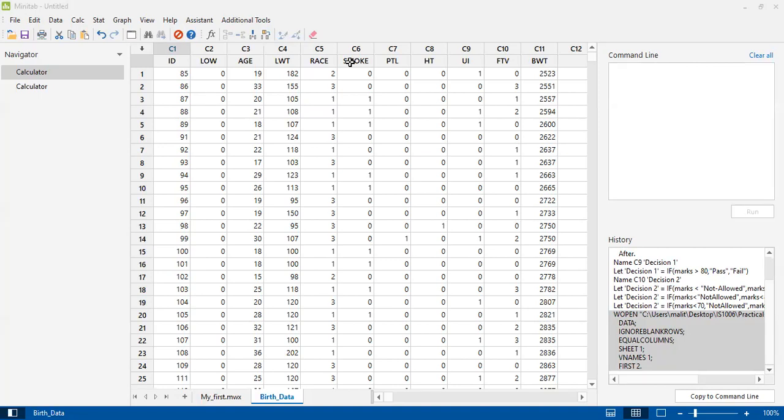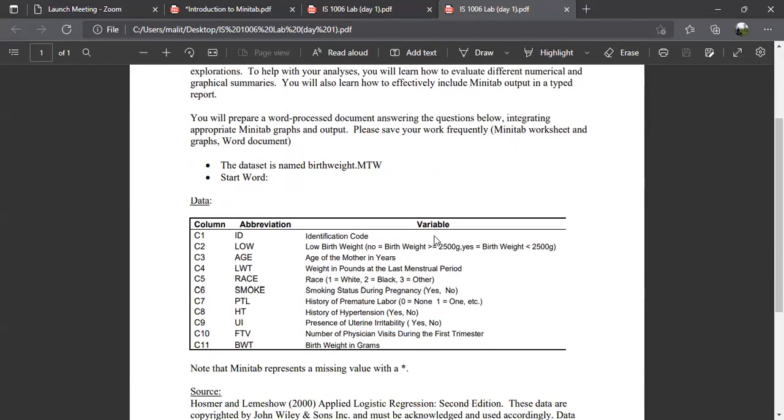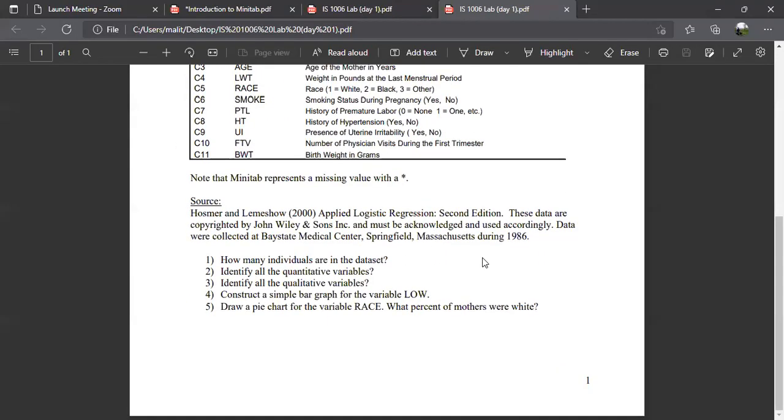I hope my writing is clear, but okay. Before going to the practical session, let me give you some facts about data visualization.